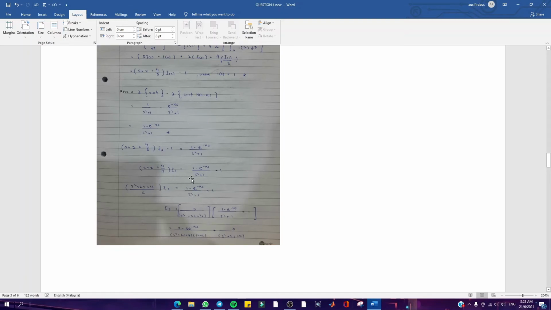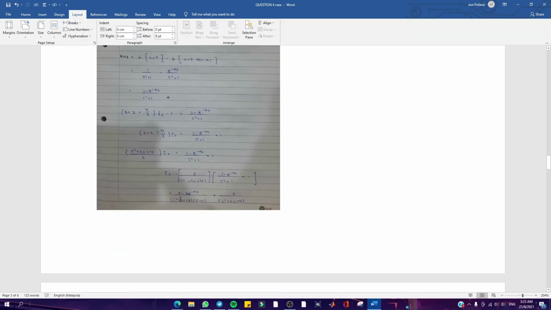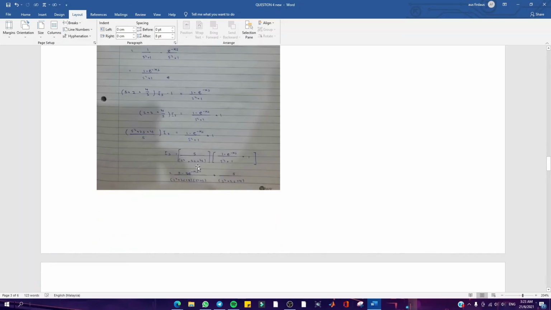So then we move it to the right. We get s over s squared plus 2s plus 4 times the 1 minus e to the power negative pi s over s squared plus 1, plus 1. After we multiply it out, we get like this.